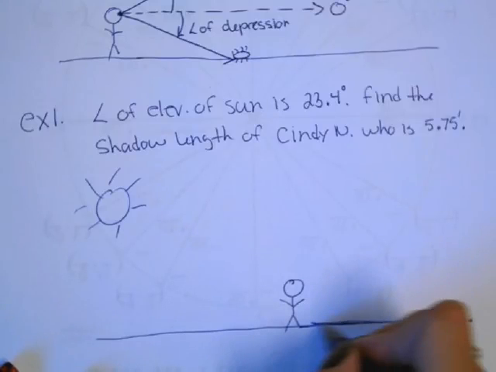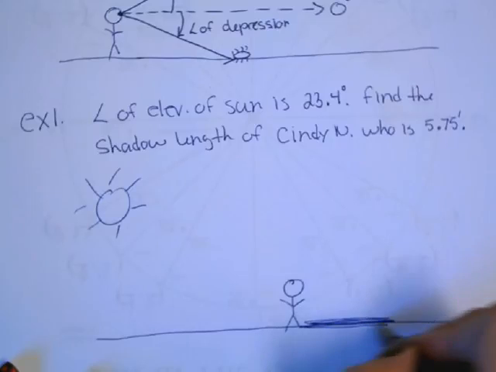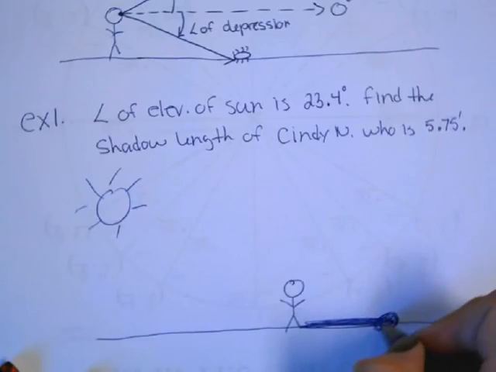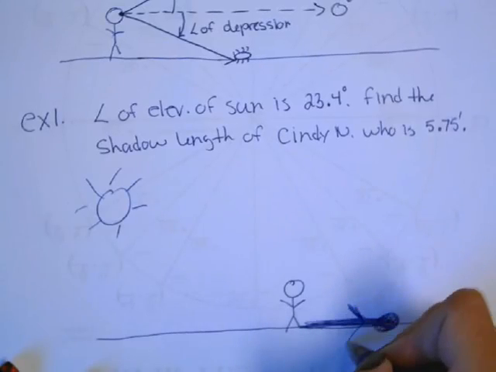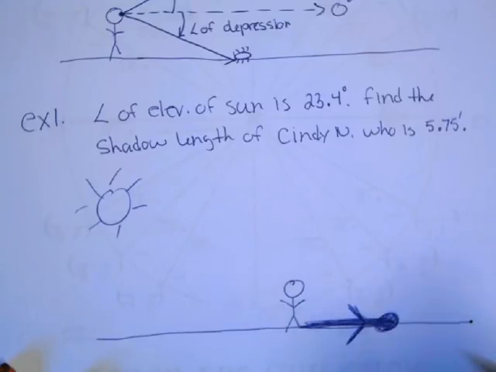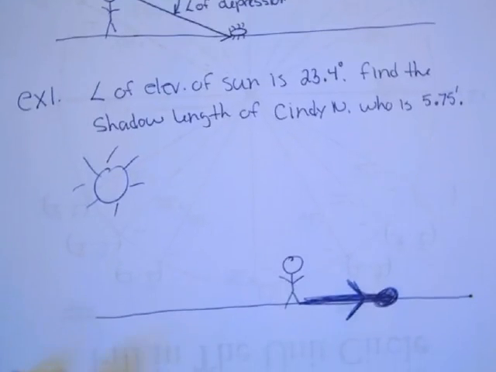Here's her shadow on the ground. It's supposed to be flat. It's hard to draw.